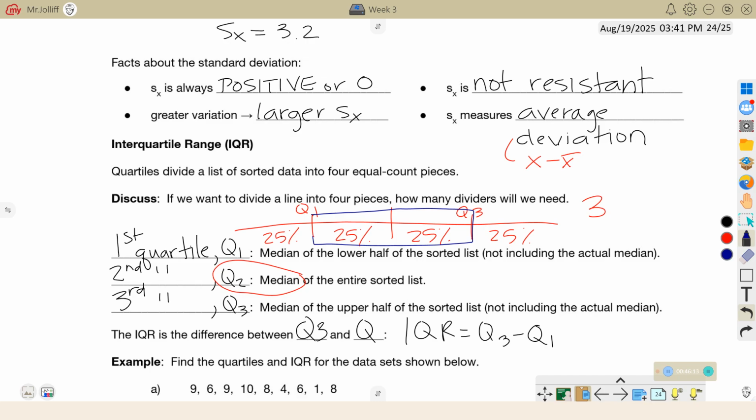The interquartile range is looking at how wide or narrow the middle 50% of your data is. That's what we're calculating. Slightly more accurate, because unlike the range, which looked at the endpoints, which are susceptible to outliers, quartiles are looking at the middle chunk of data, which has nothing to do with the outliers that are at the edge. So the IQR is resistant in a way that the range is not, because it's only looking at the middle chunk.